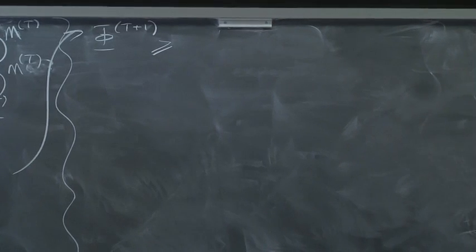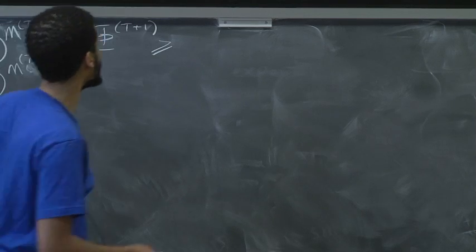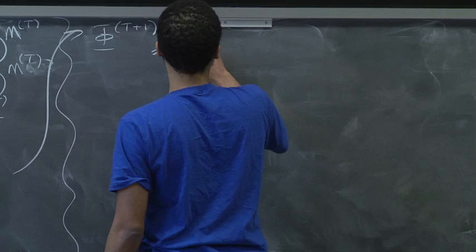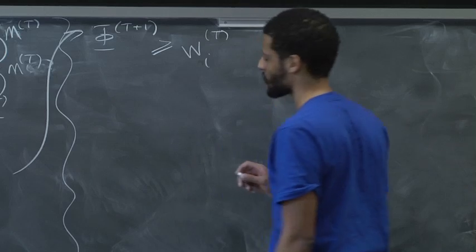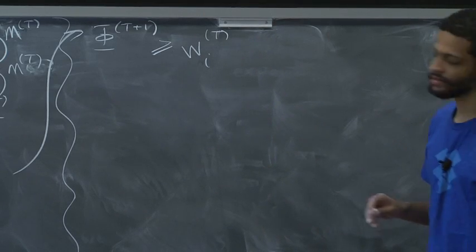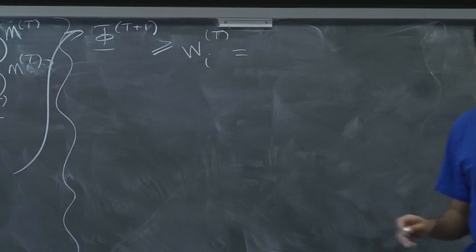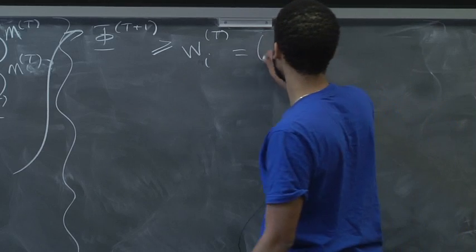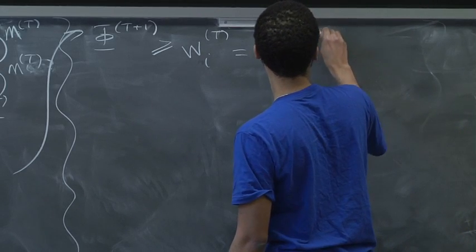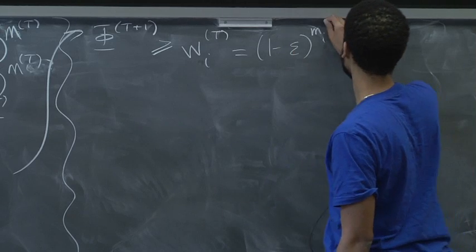Well, it's the sum of all the weights, and all these weights are non-negative. So it's at least w_i of t. But what is w_i of t? It's 1 minus epsilon to the number of mistakes of the ith expert by time t.